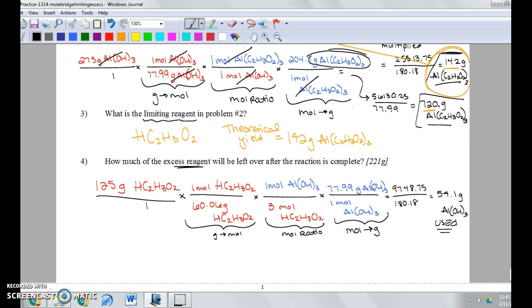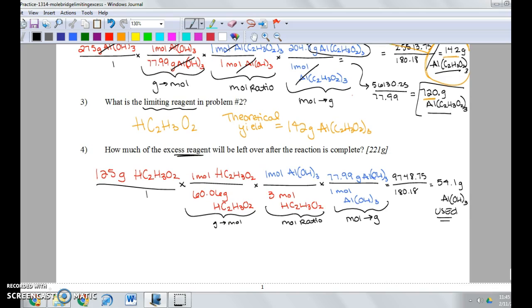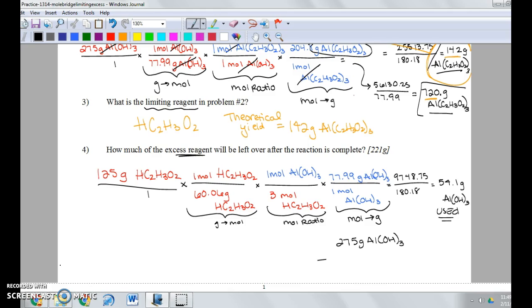The problem here is that we want to know how much of the excess reagent will be left over. So we know that we started with 275 grams of AlOH3 and we used up 54.1 grams of AlOH3.